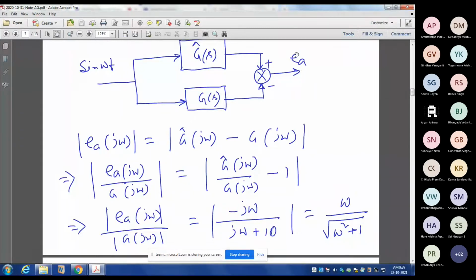What will the amplitude of EA be? The amplitude of EA will be just G hat of j omega minus G of j omega. This comes from the concept of frequency response. So EA j omega divided by G j omega will be G hat of j omega divided by G of j omega minus 1.